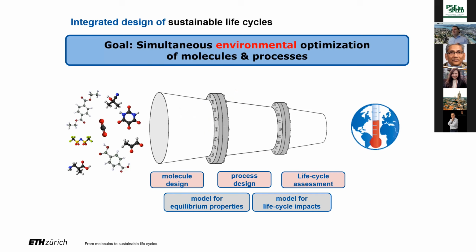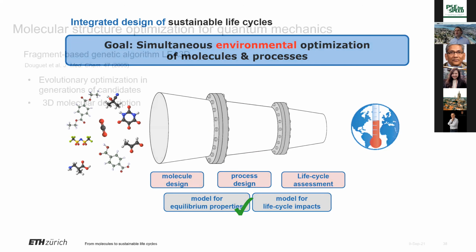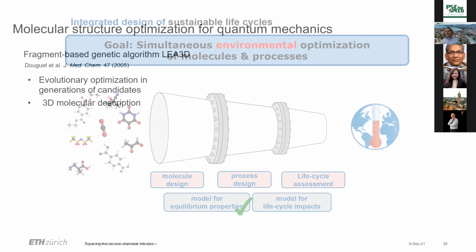So then we came back to our toolbox, asking ourselves, can we find a better solvent? And as I showed you, we have COSMO-RS as a model to predict equilibrium properties. Now we need to link this to molecular design.